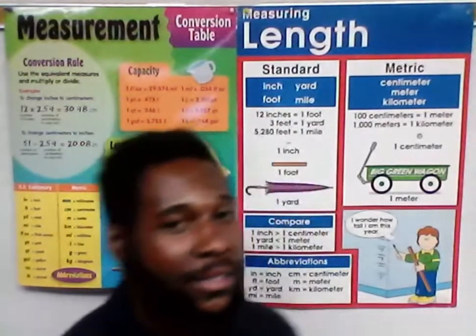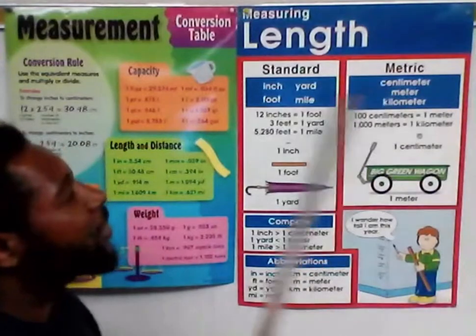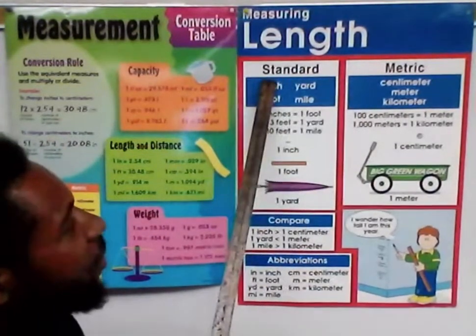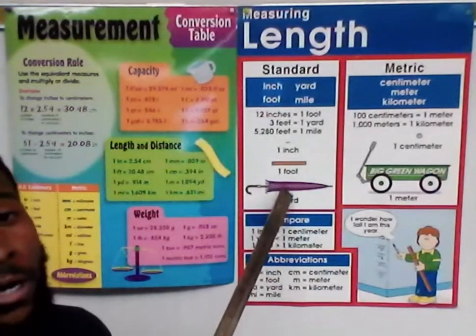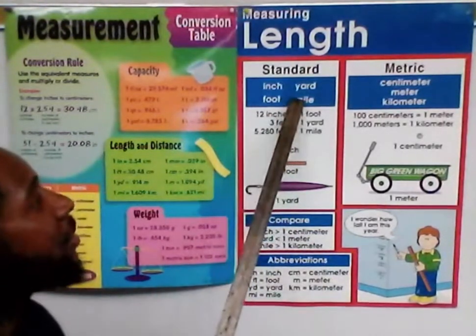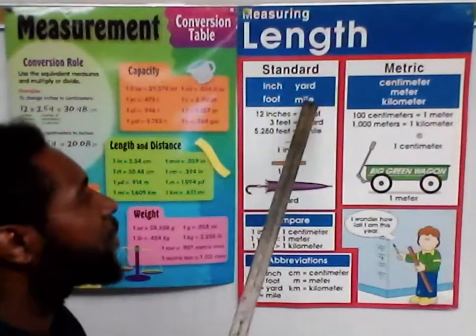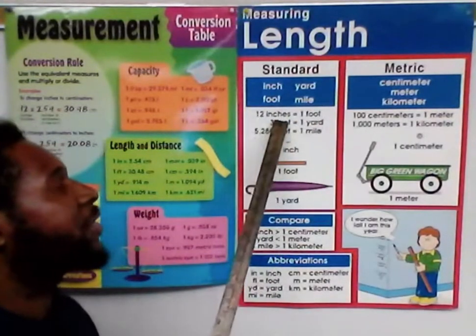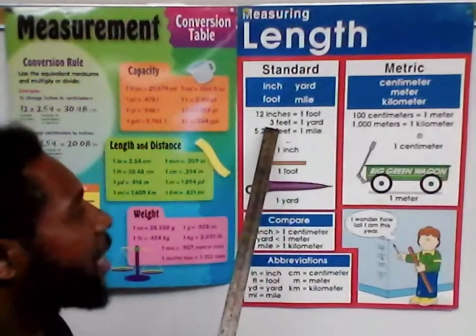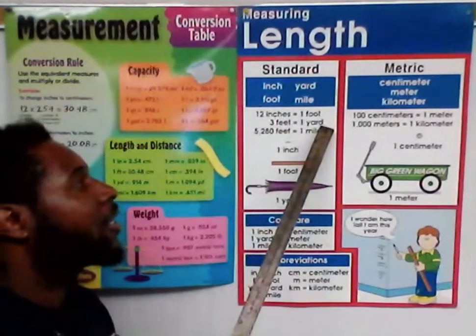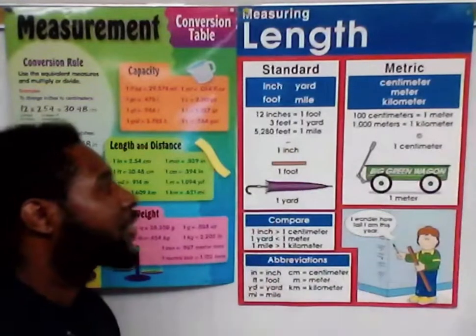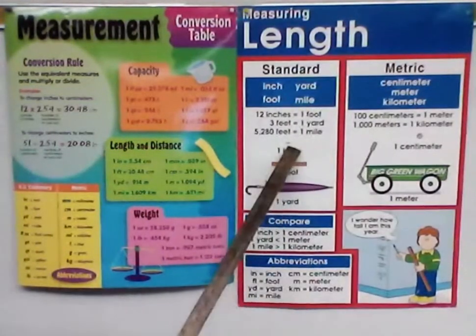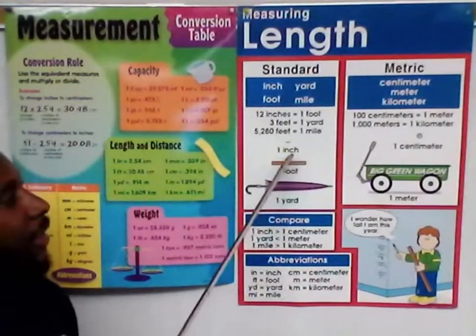In the case of this side, this is called the standard way because this is how Americans learn conversions. So I have inches, yards, feet, and miles. We all know there are 12 inches in a foot. Now you know that there are 3 feet in a yard and there are 5,280 feet in a mile. We can also say that here's an inch.